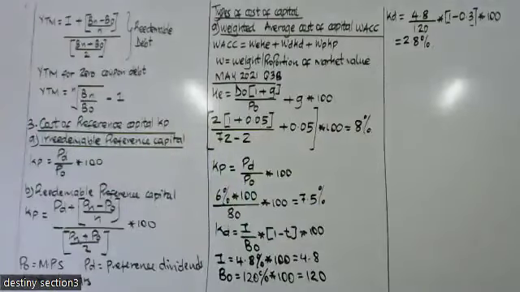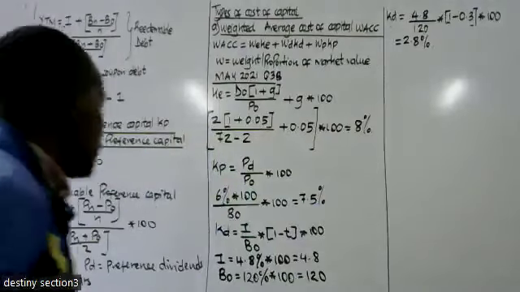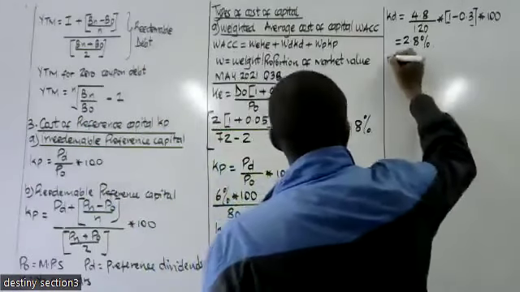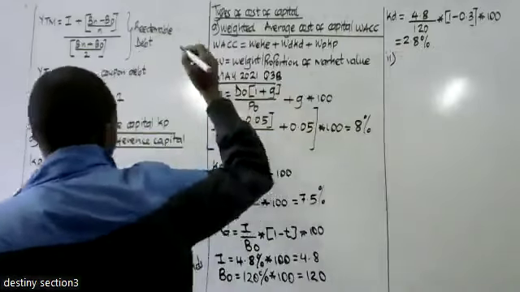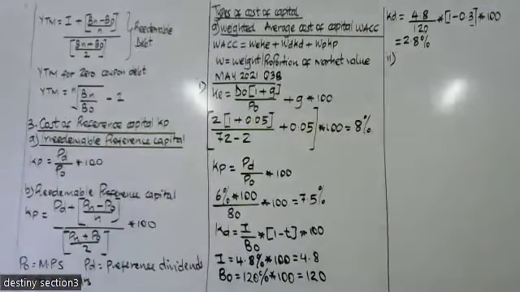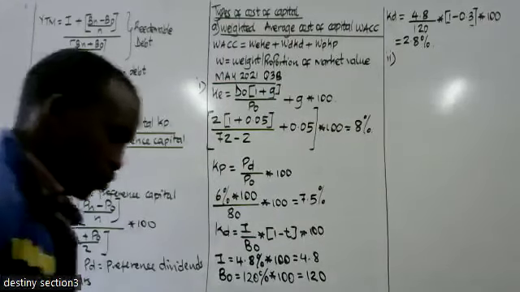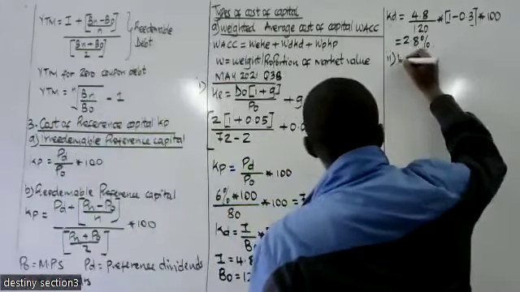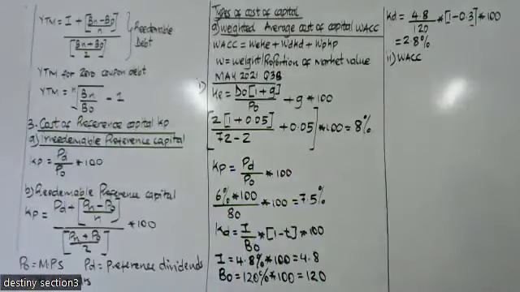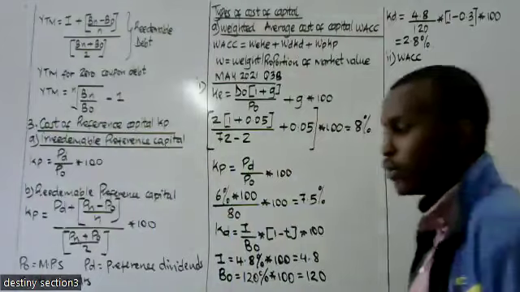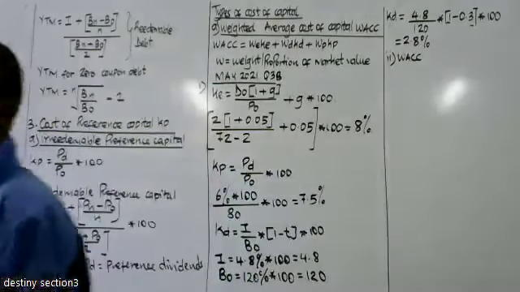Sasa, first two wanasema nini? So that was part one, eh? We go part one where they ask me the first one. Sawa? Sasa tuko part two, wanasema weighted average. Now, the weighted average cost of capital.